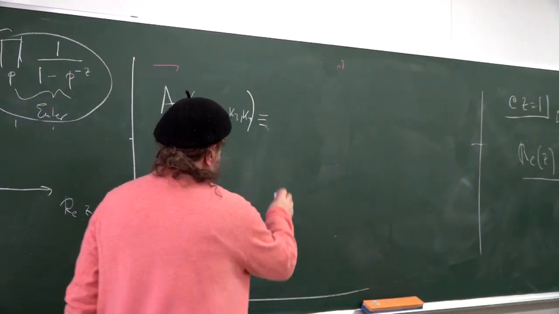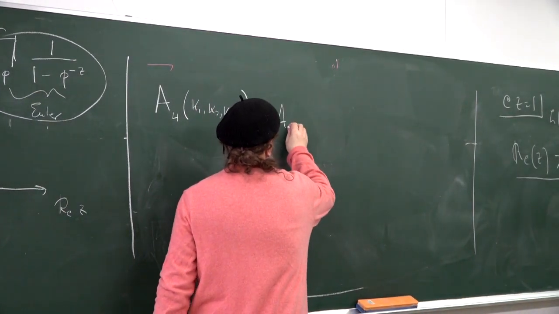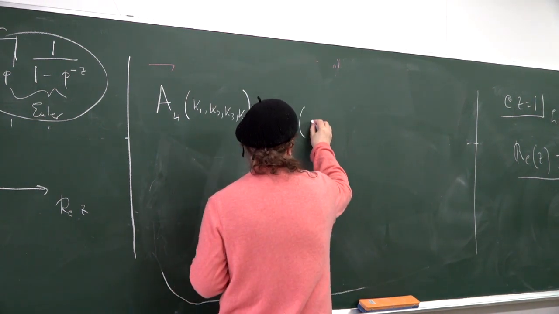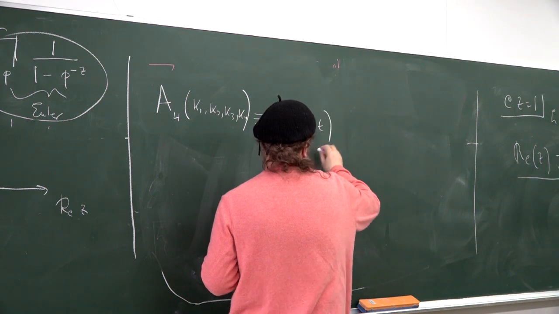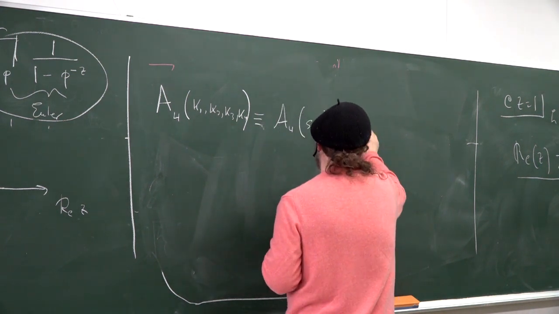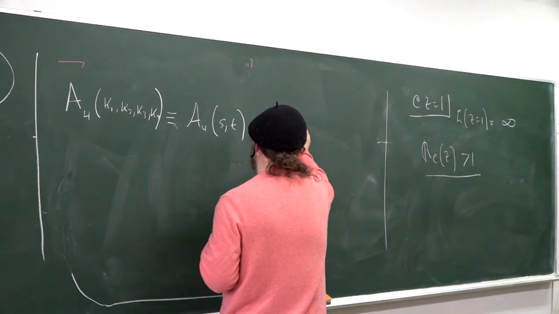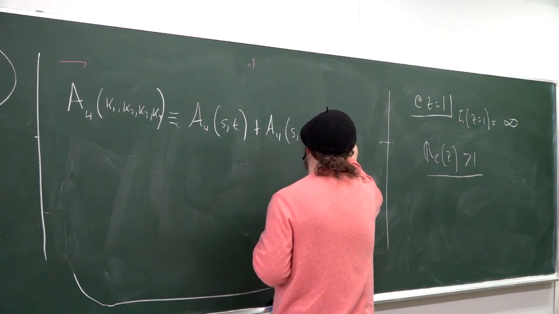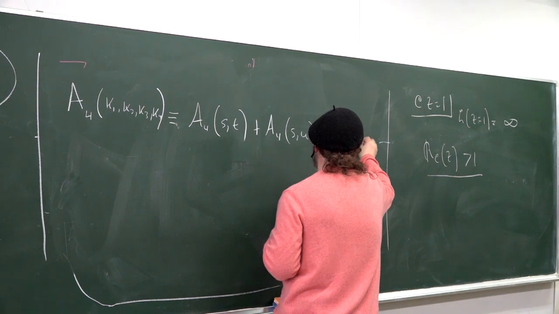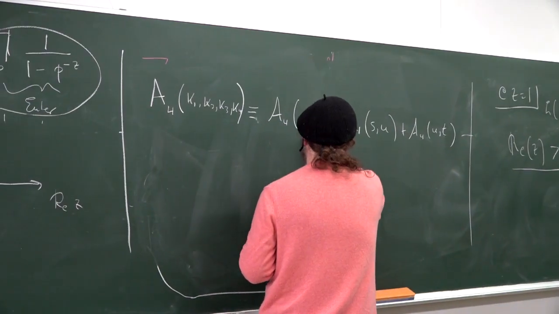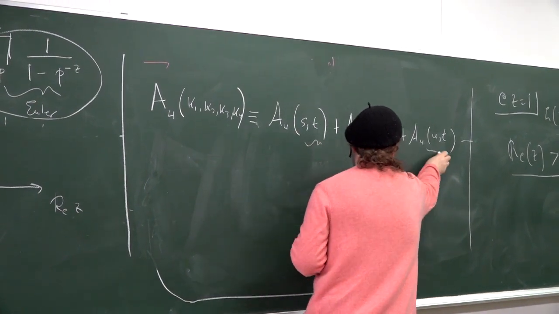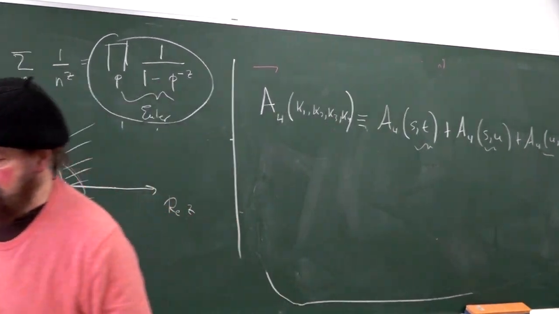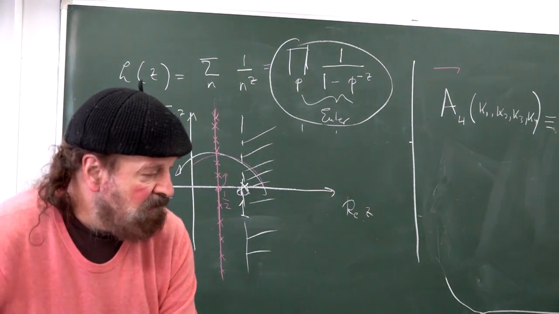So this scattering process is going to be a function of S and T, S and U, and U and T. So you have this combination of variables given by Mandelstam.